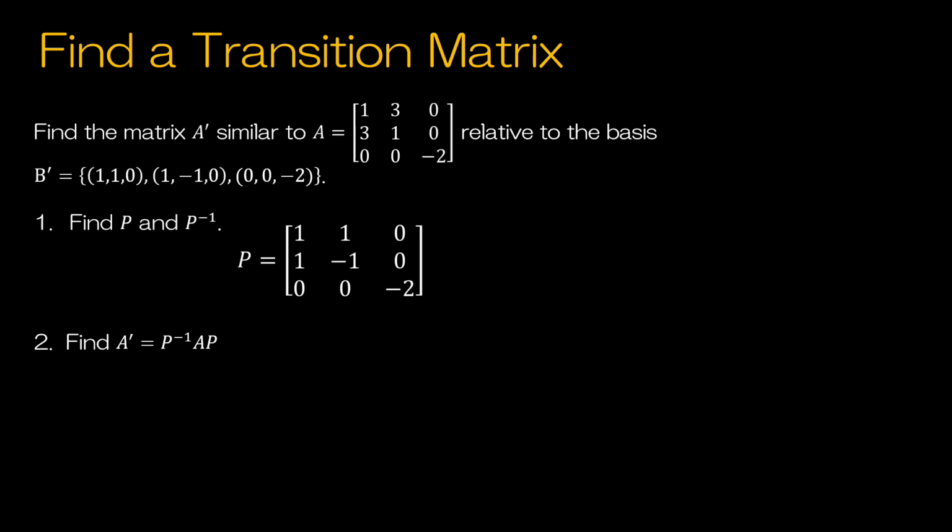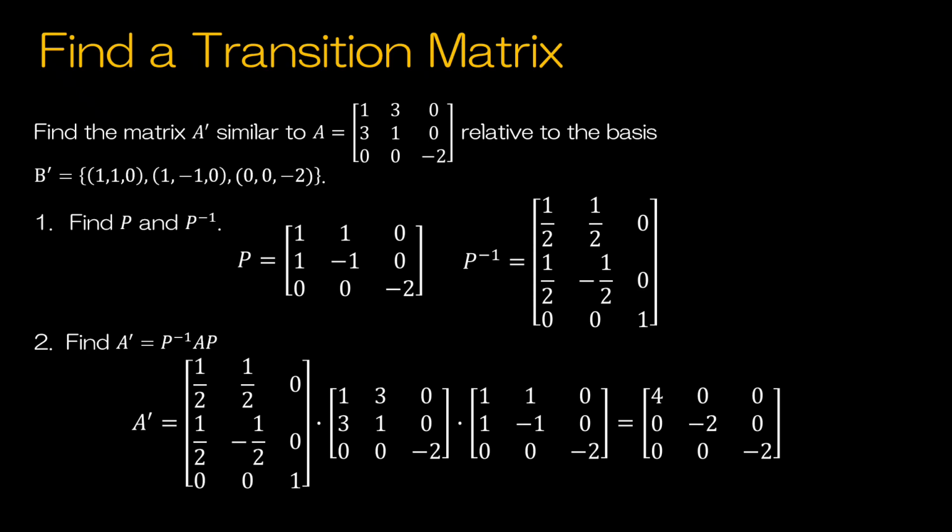For P inverse, I'm going to utilize technology, which is 1/2, 0, 1/2, -1/2, 0, and 0, 0, 1. And I'm going to multiply P inverse AP to get A prime, which again gives me a diagonal matrix. So 4, 0, 0, 0, -2, 0, 0, 0, 2.